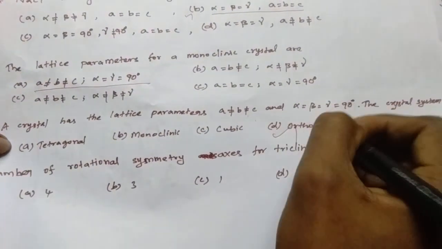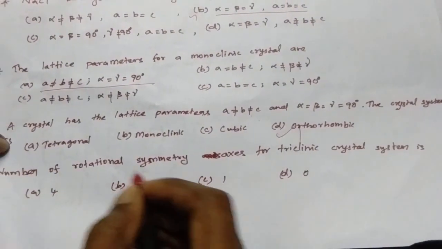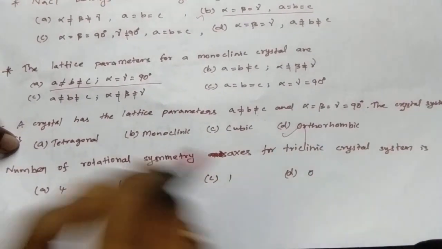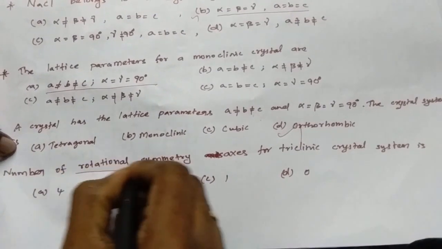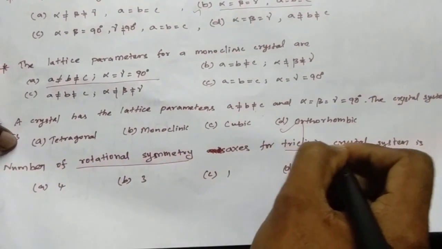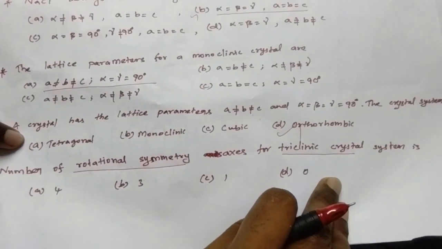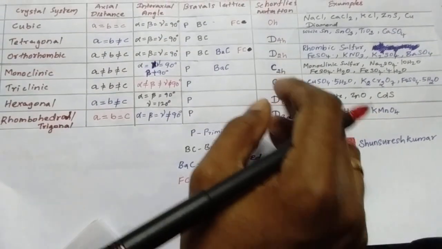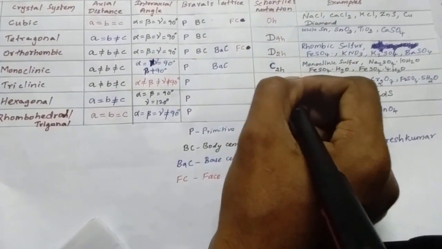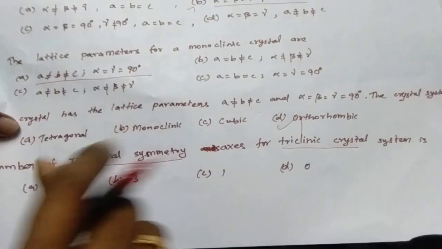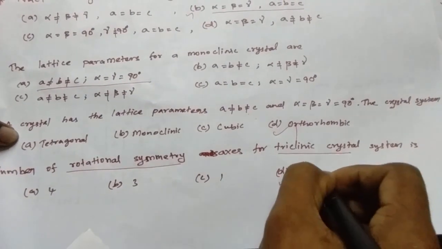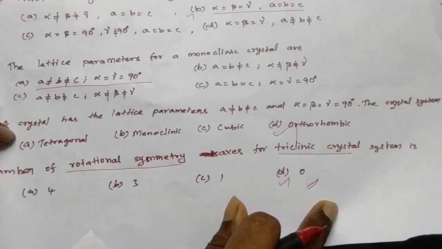So the answer is orthorhombic. Next, the number of rotational symmetry axes for the triclinic crystal system. Rotational symmetry they ask for triclinic crystal. I already told you, the triclinic system is highly asymmetric, Ci. So there is no rotational symmetry, so the option is 0.